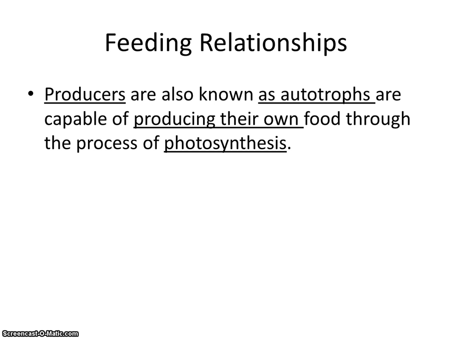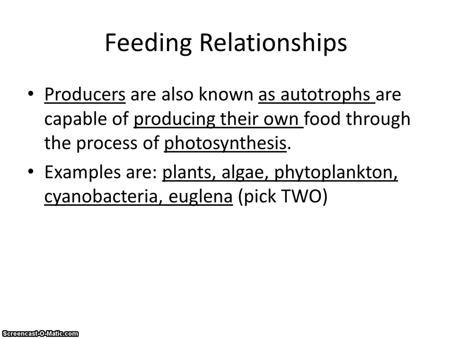So producers are typically your plants, and they are kind of the heart of a food chain and provide the majority of the energy source. But plants aren't the only thing. Some algae, phytoplankton, as well as cyanobacteria and euglena, which are protists, and some bacteria and plankton can also go through photosynthesis and do that process and make their own food.